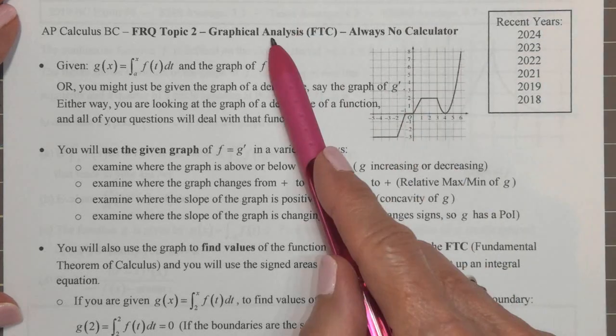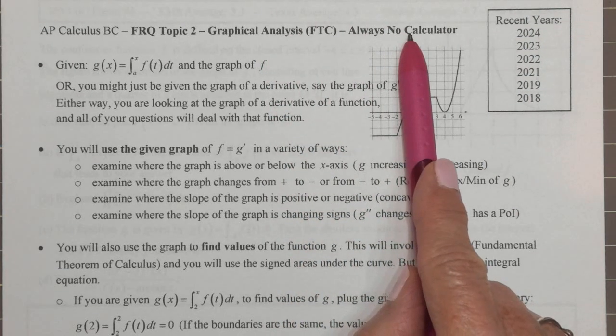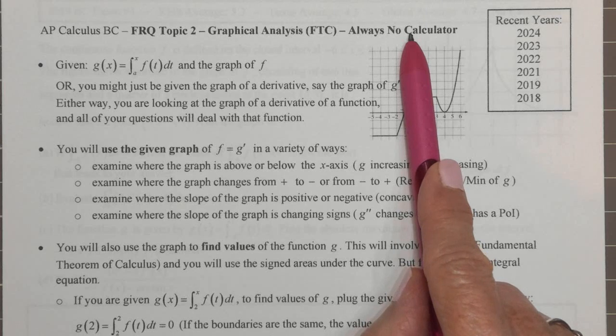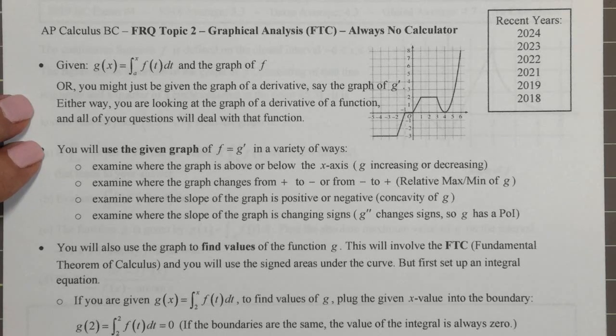This one is not always number whatever, but it is always no calculator, so it'll be either 3, 4, or 5. It is also always common to the AB exam. There are 3 FRQs that are common every year to the AB and BC exams, and graphical analysis is one of them.